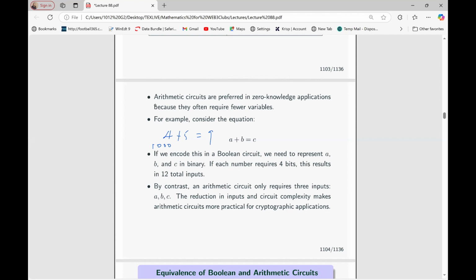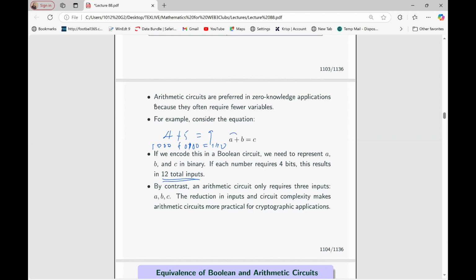This is 4 bits: 1, 2, 3, 4. And let me say that for this one, maybe you get 0, 1, 0, 0. Just an example. And let me say that for this one, you get 1, 1, 1, 0. So each of these is 4 bits, so these are 12 inputs. If you are using the Boolean circuit, you'll have 12 inputs.